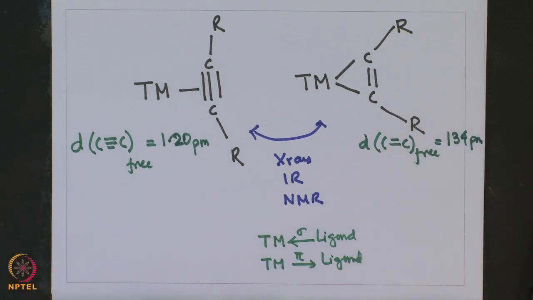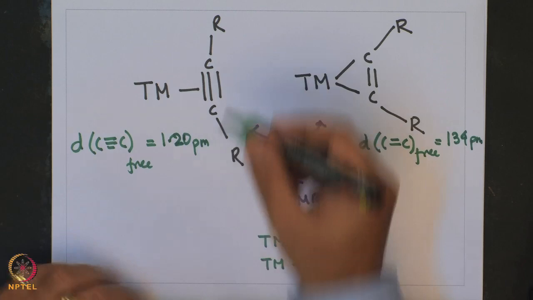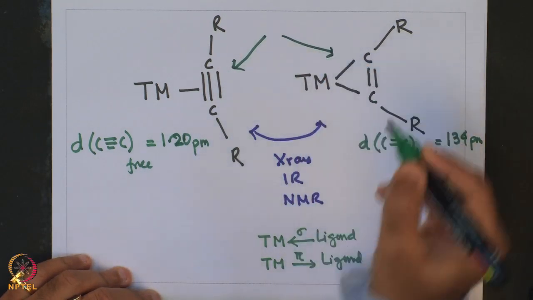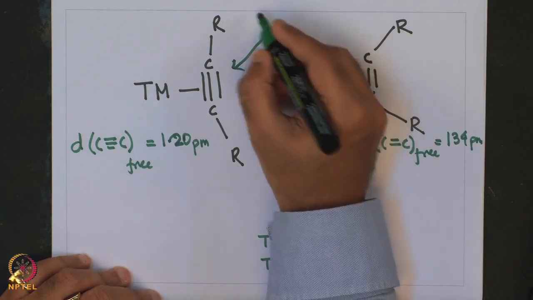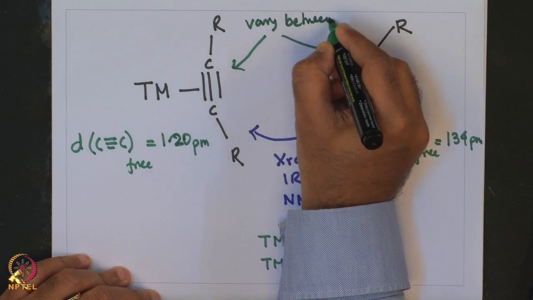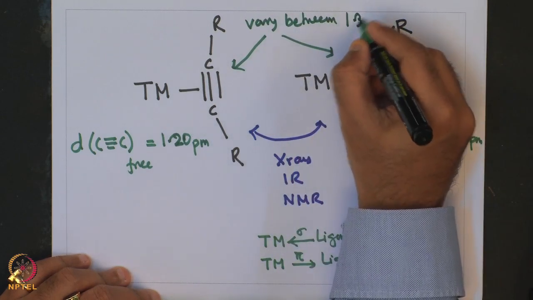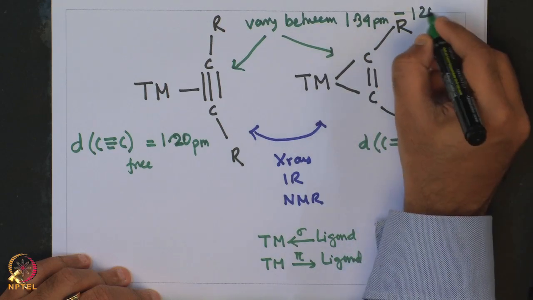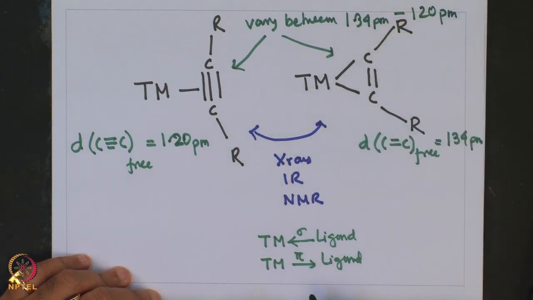So, the CC distance of transition metal alkyne complexes varies between 134 picometer and 120 picometer.